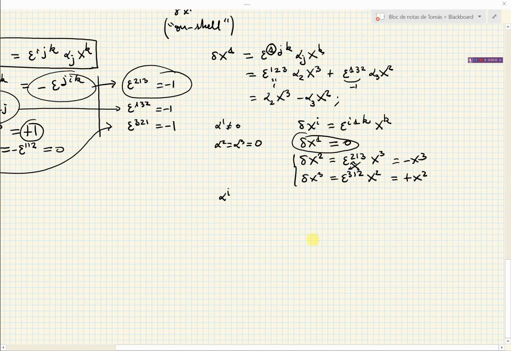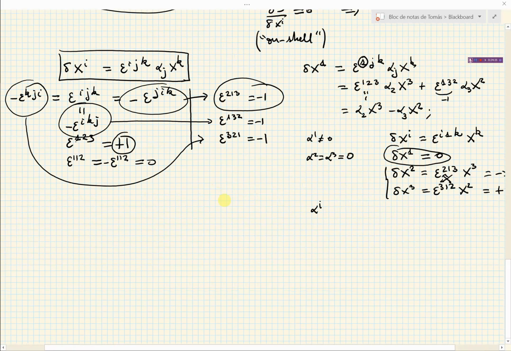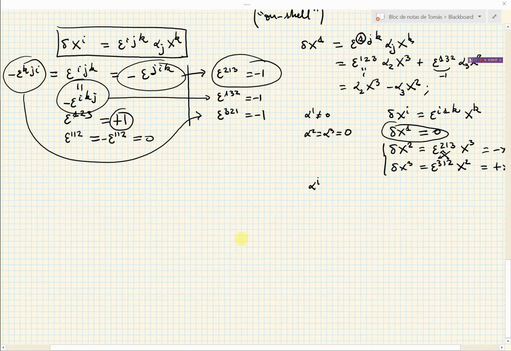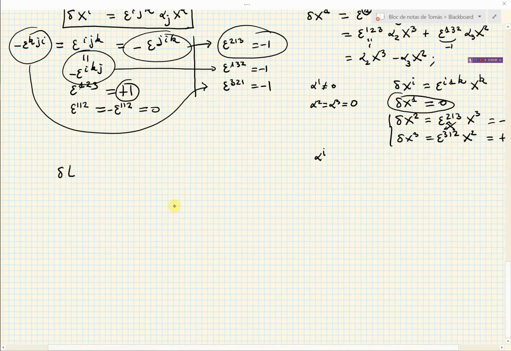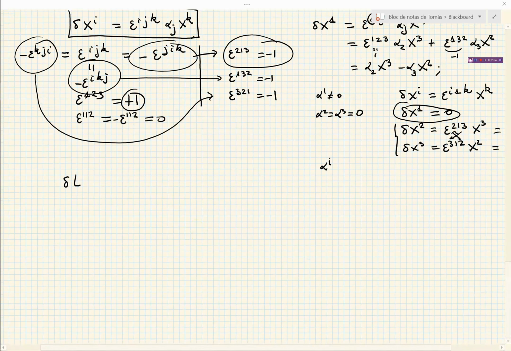Okay, so these transformations are infinitesimal rotations. Now you can see if they leave or not the Lagrangian invariant. So let's take the Lagrangian of a free particle, and consider the transformation delta L under these transformations.